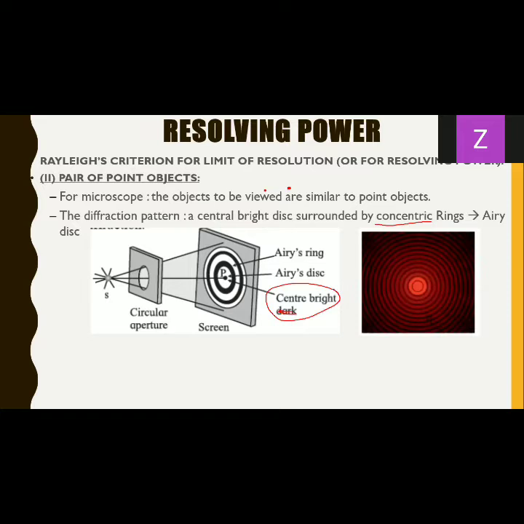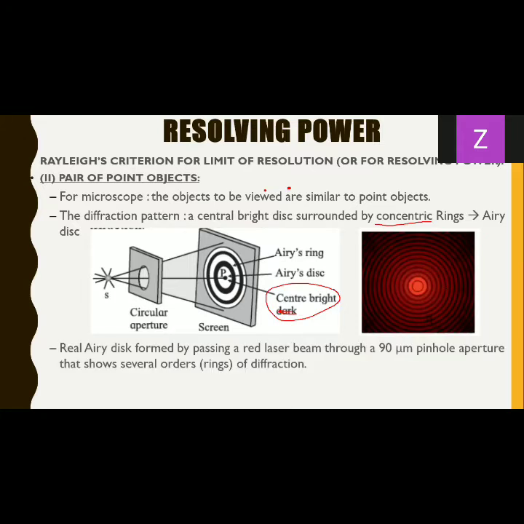Okay. Now, these Airy discs, obviously ये जो diagram है, this is the actual photo which we have of the actual diffraction pattern which was found out. These are the real Airy discs which, when passed through a 90 micrometer pinhole, these are the rings of diffraction which are formed.